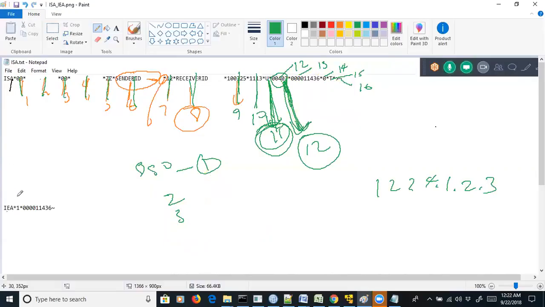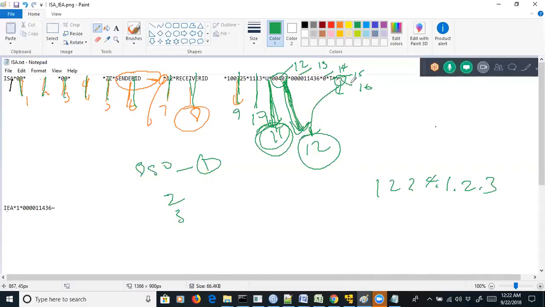What is the 16th element? Yes, this is your segment separator. Whatever you use here, you have to use the same segment separator in your entire EDI file.